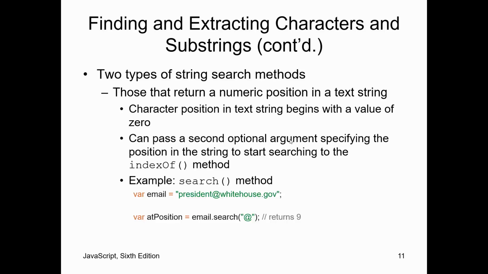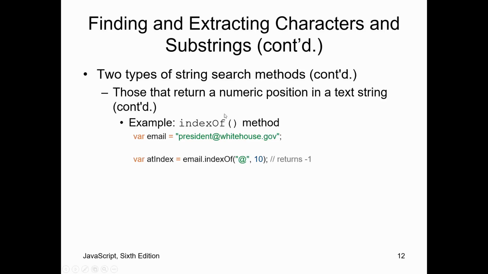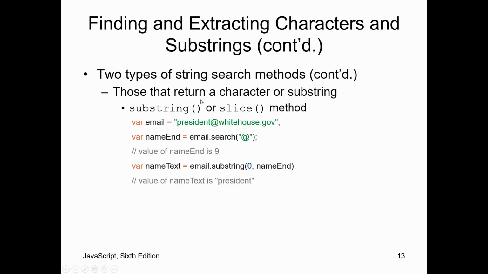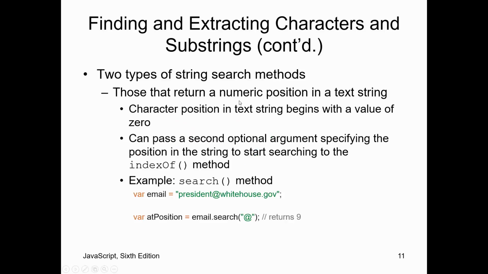Now, as it says right here, there are two types of string methods: those that return a numeric position in a text string, and those that return a character or substring. In other words, do you want to know where something is located, or do you want to know what is actually located there?